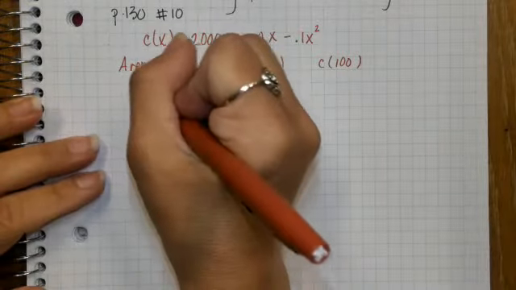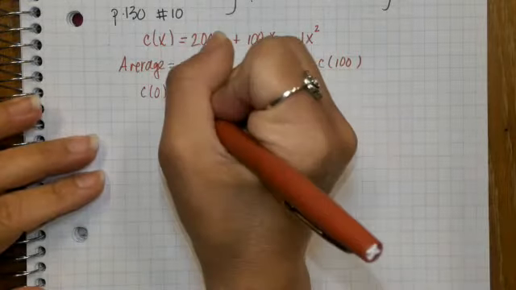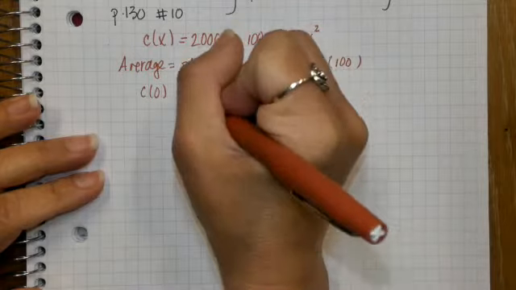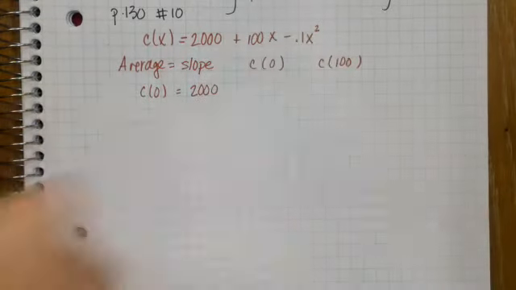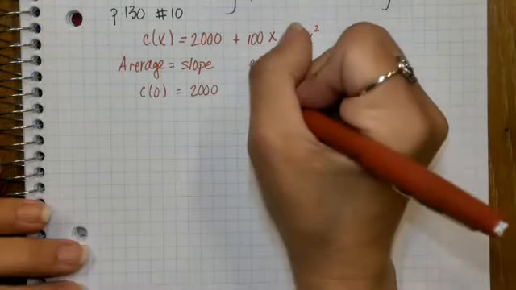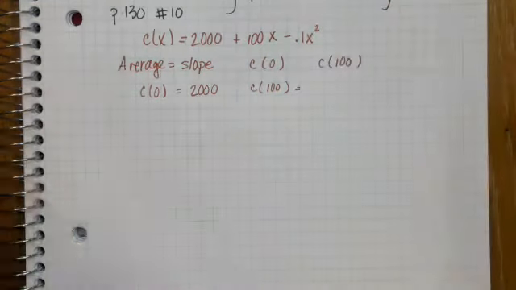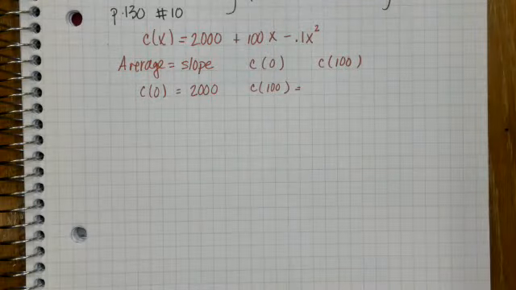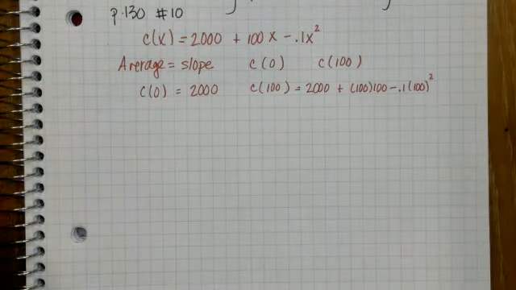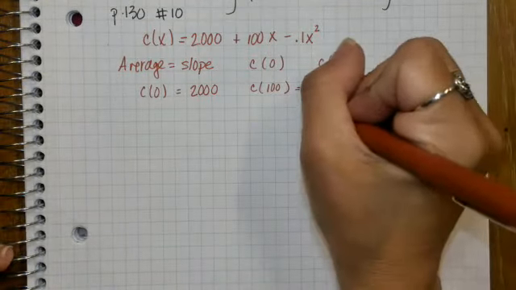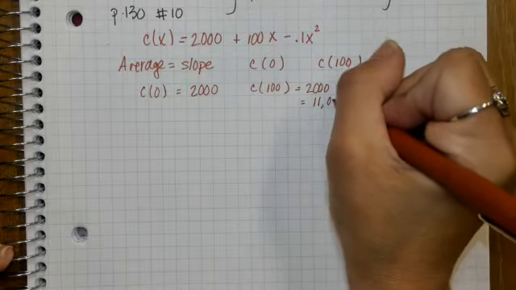So if you plug in 0, we should get 2000. And if we plug in 100, we should get 11,000 if I have done my math correctly.